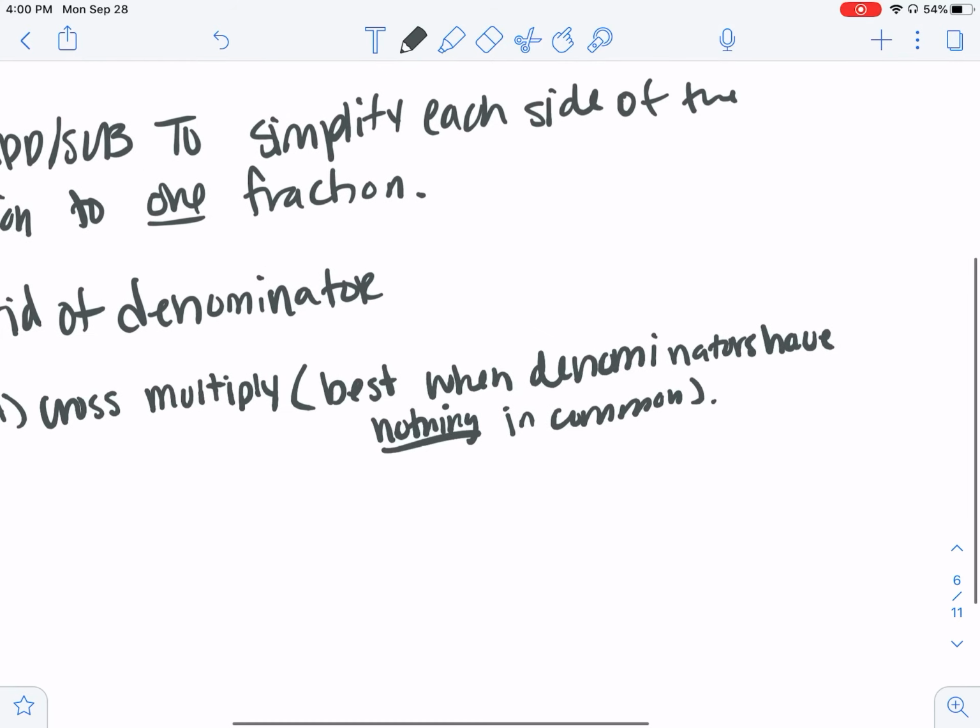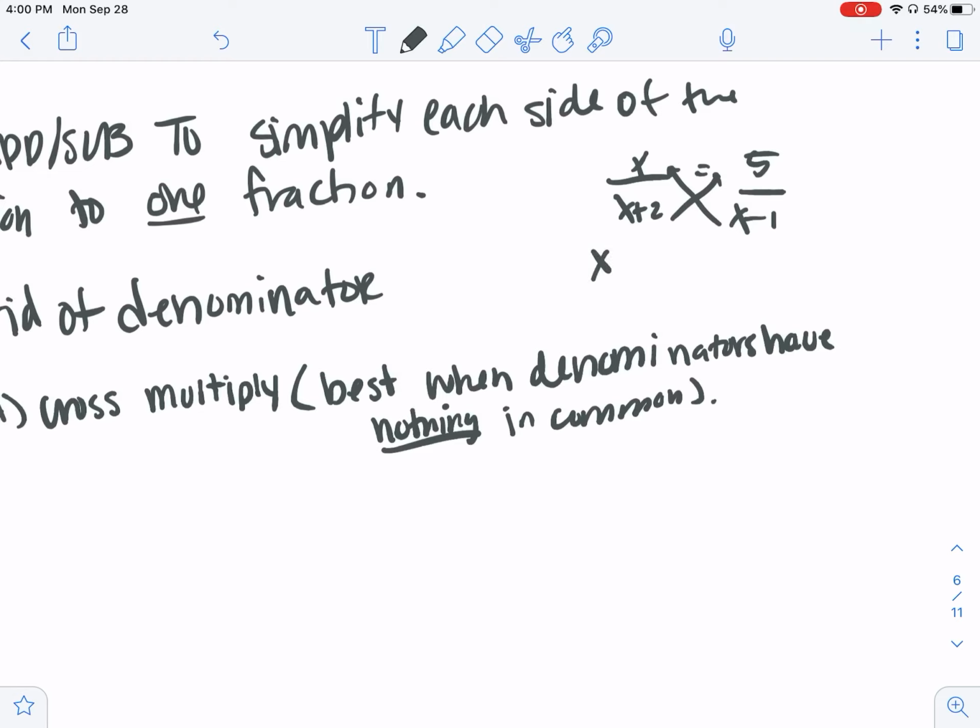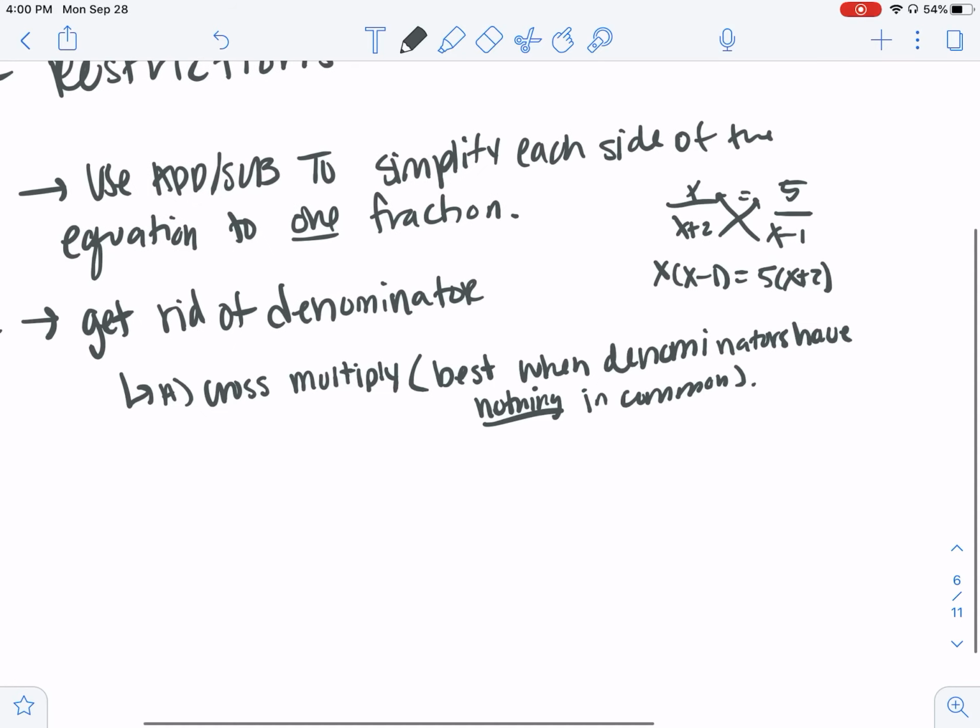So if you get to a point in a problem where you have x over x plus 2 equals 5 over x minus 1, x plus 2 and x minus 1 don't have any factors in common, and this is where you'd want to cross multiply to get x times x minus 1 equals 5 times x plus 2. That is how we can cross multiply, and like I said, it's really useful in examples like this when our denominators don't have anything in common.